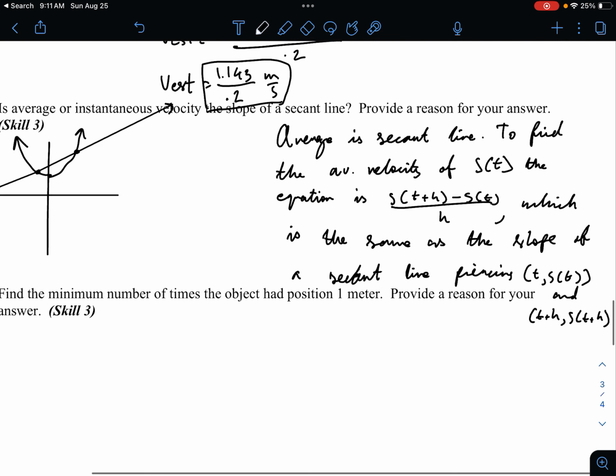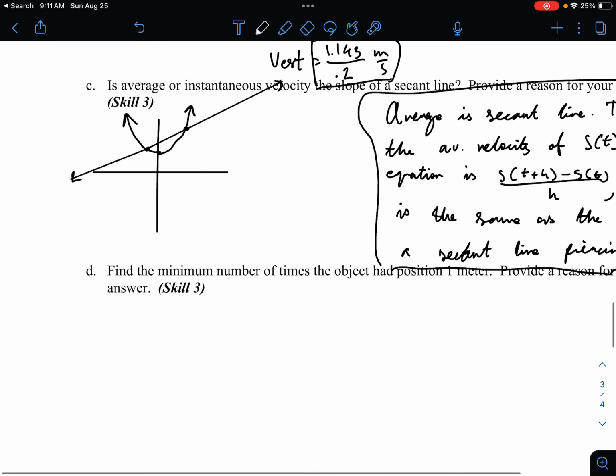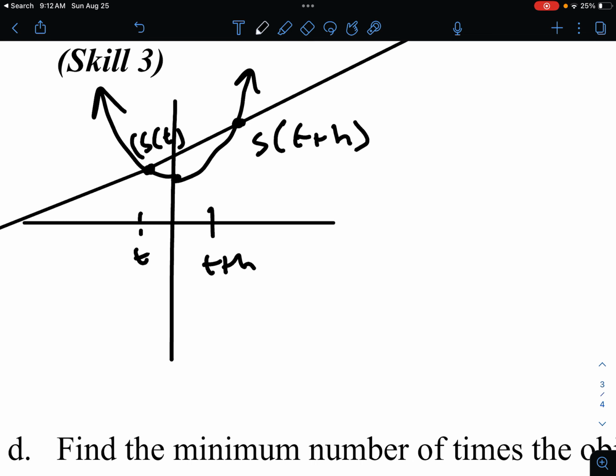A rough explanation. I don't know how else I would explain it. I think this would probably make the most sense. So maybe I'll even say t, t plus h, and then s of t plus h, and then s of t.